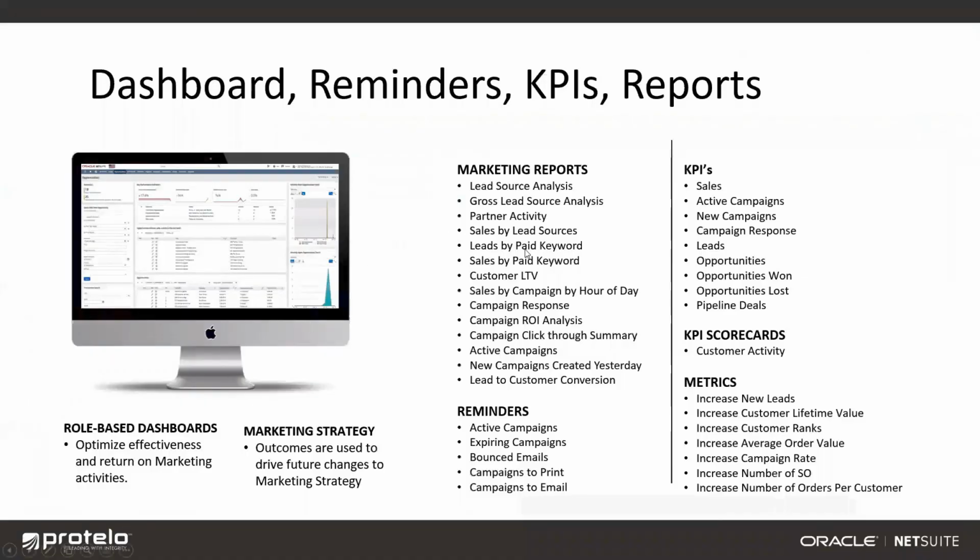In addition to that marketing ROI report, there are several other reports that come out of the box for analyzing things like lead sources, keyword metrics, response rates, click-throughs, conversion rates, campaign activity. We also have out-of-the-box reminders to help improve my efficiency, and those KPIs that we saw on my dashboard that are going to give me real-time visibility into what's important to me as a marketing manager.